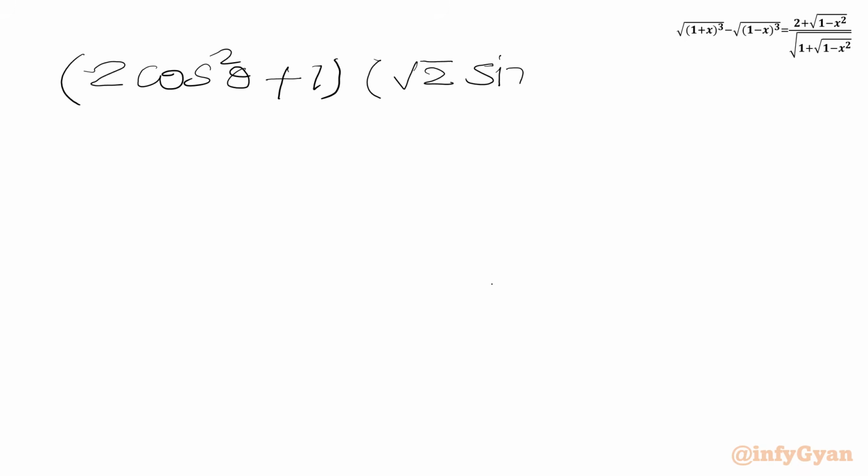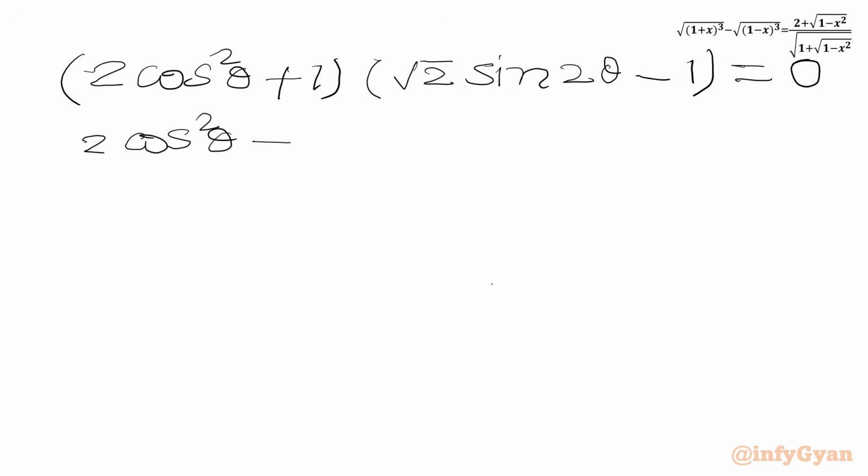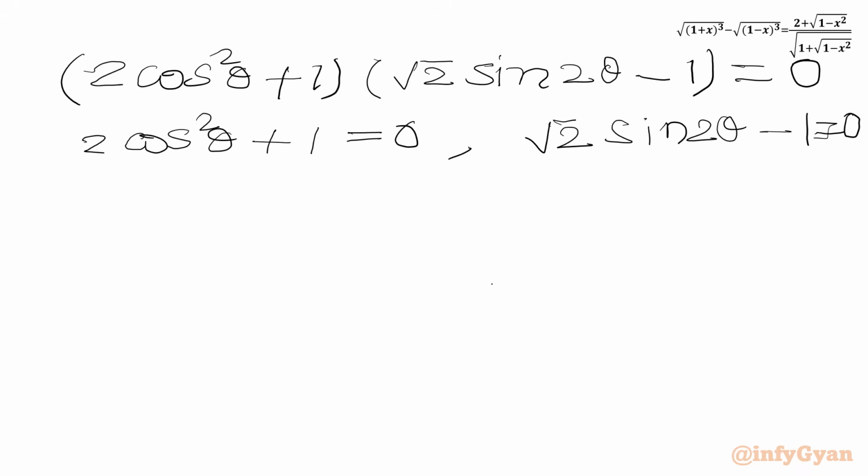So we'll write root 2 sin 2 theta minus 1 equal to 0. We'll be using the product 0 rule. So we will write 2 cos square theta plus 1, either this equal to 0 or square root 2 sin 2 theta minus 1 equal to 0.